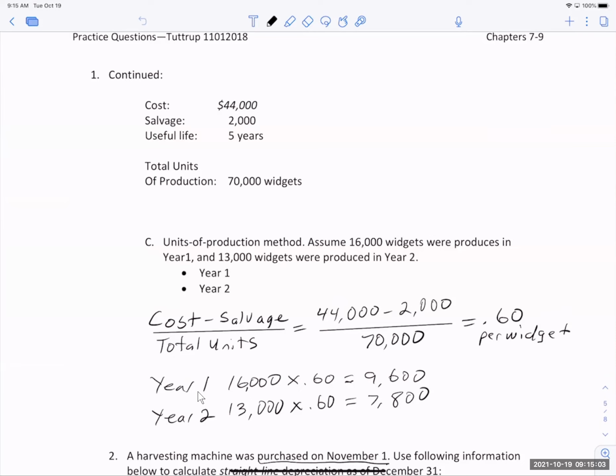So check this out. In year 1, we assume that 16,000 widgets were produced. We'll multiply by 0.60, right, by 60 cents. We're going to depreciate it 60 cents for every widget we produce. So 16,000 times 60 cents equals 9,600.